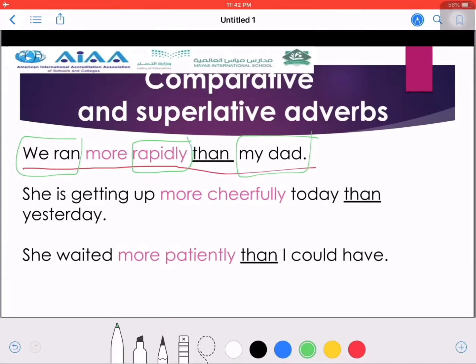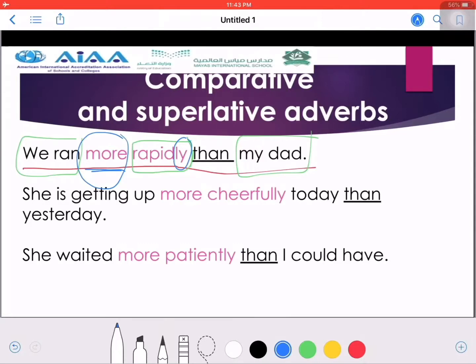So I want to compare between the way that we ran and the way that my dad ran. Yes, we say more rapidly. More what? More rapidly. Because rapidly here ends with ly. Do you remember? If an adverb ends with ly, most of the time we use more. The word more helps us to compare.